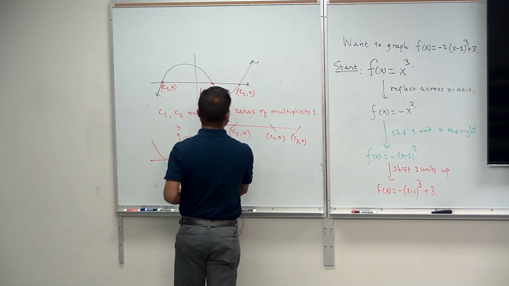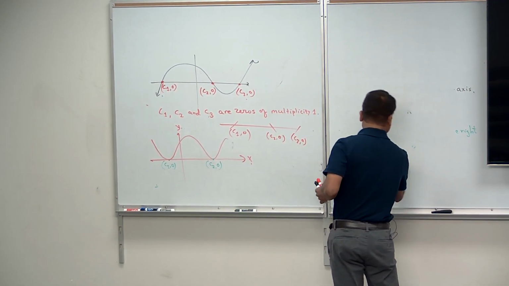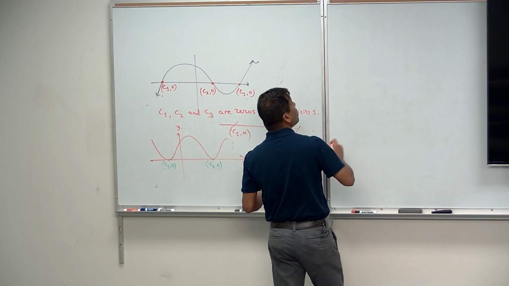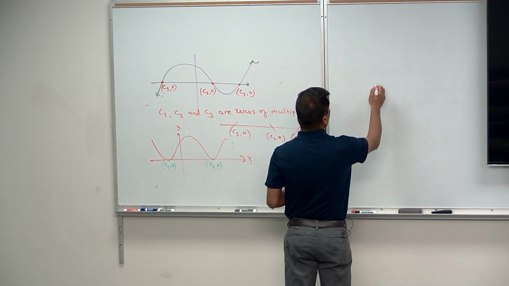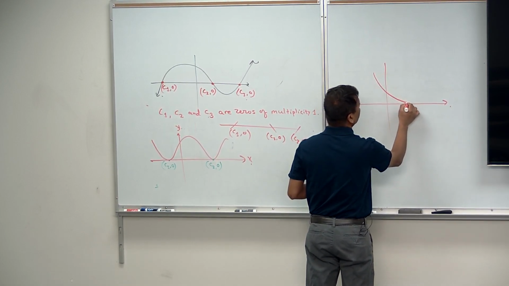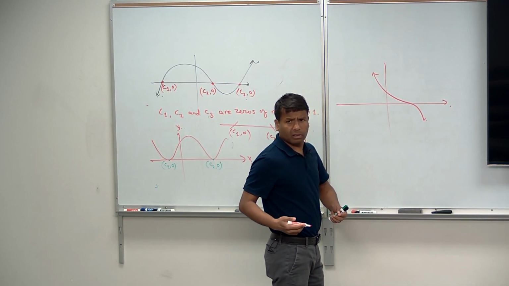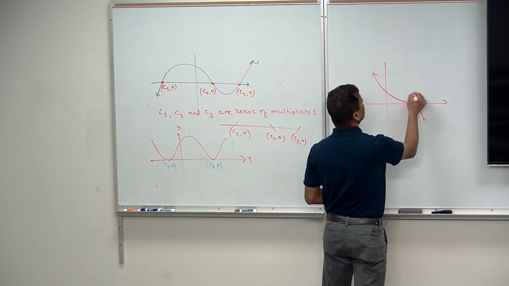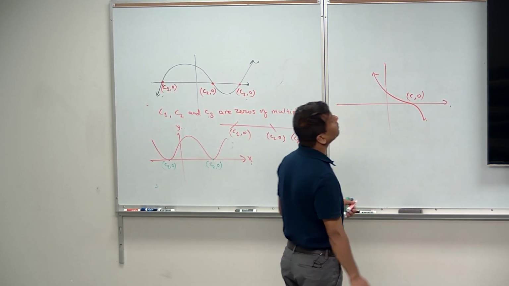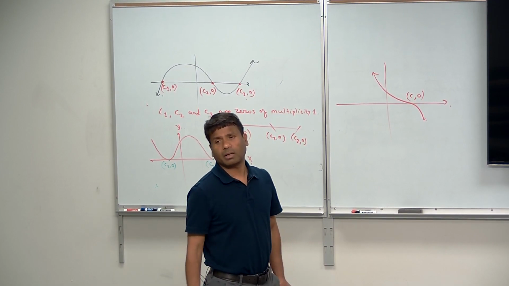So the next one is, guys, let's say you have a graph that looks like this. You see what happened here? The graph wiggles. Let's say this is the point (C, 0). The graph wiggles at the point (C, 0). The graph crosses and is also what? Tangent. That makes sense?